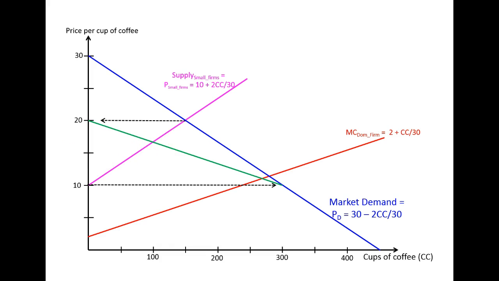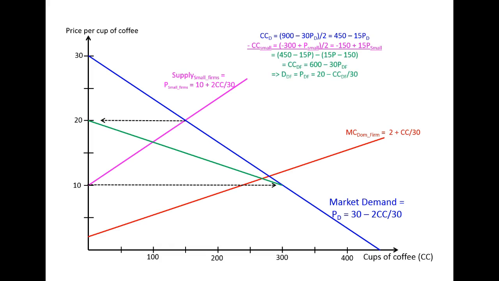Okay, let's see if it's true. We can calculate this mathematically as well. To do that, we have to recalculate them into their original form. So we have the cups of coffee equal to 900 minus 30 price demand divided by 2, that's 450 minus 15p. That's the inverse of that function, so this is the original function.